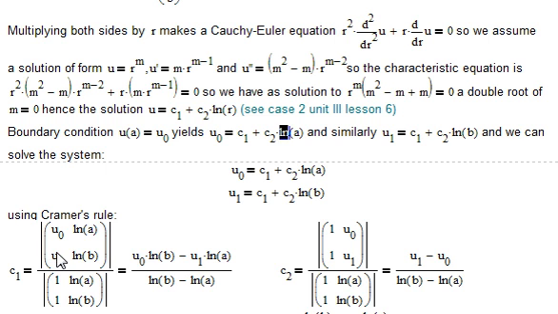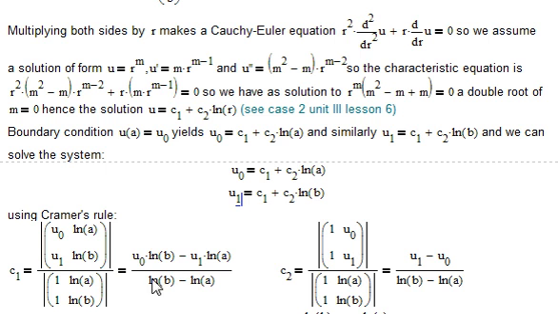So c1 would be, we put the coefficients of c in the denominator. That's 1, ln of a, 1, ln of b. That's from this one, this ln of a, and this one, this ln of b. And in the numerator, we put the same determinant, except we replace the 1s here and here with u0 and u1, the other side of the equation.